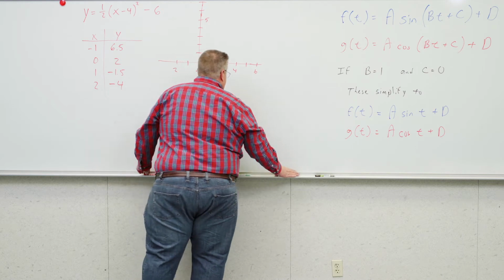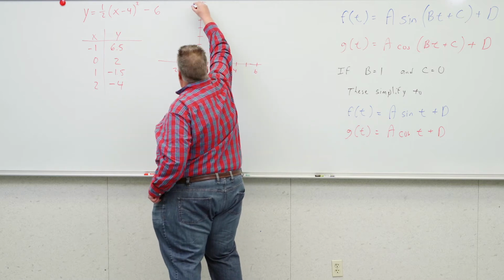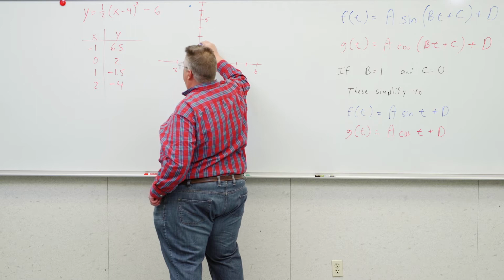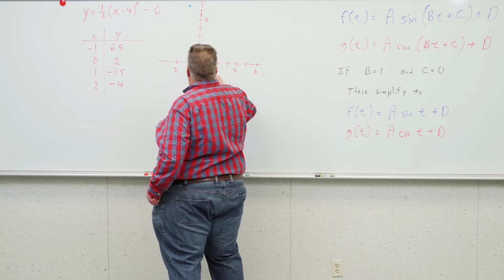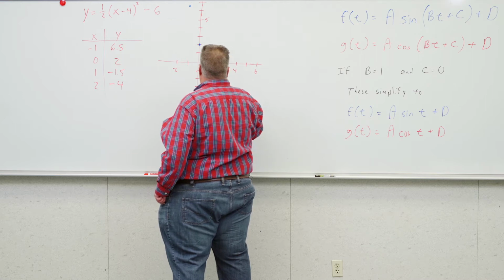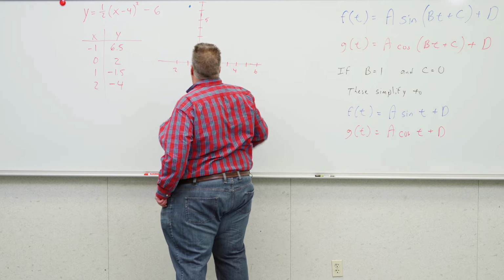If you went to graph from here, -1, 6.5, I'm going to do this kind of quick, 0, 2, 1, negative 1.5, and 2, negative 4, I've got these 4 points.